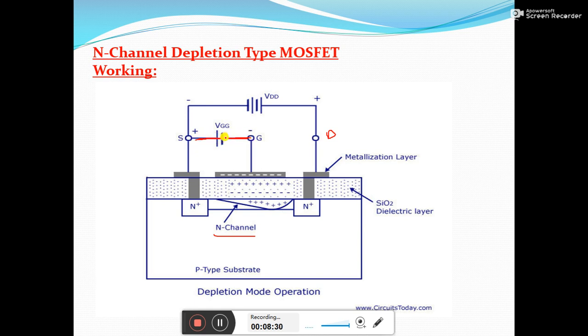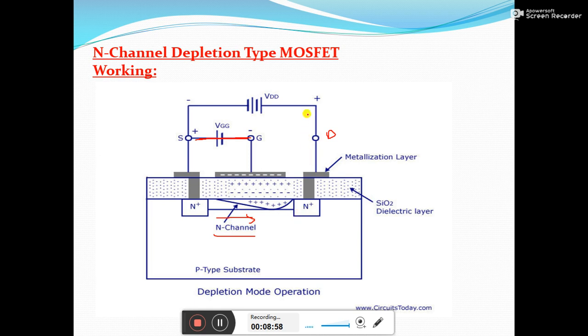On the application of drain to source voltage, keeping the gate to source voltage VGS 0, the free electrons from the N channel are attracted towards the positive potential of the drain terminal. The free electrons from the source are attracted towards the drain, means the electrons will flow from source to drain.